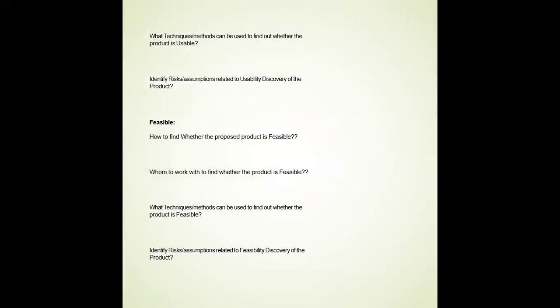Third is feasible. Your product should be feasible in nature. If it is not feasible, we cannot develop that. I can give one example of space travel. There is a company which is doing all this space travel, but it's very costly. So only rich people are able to do that.